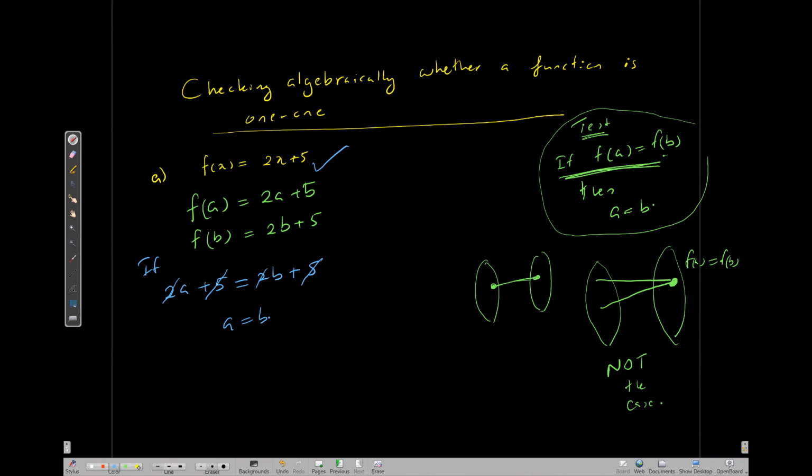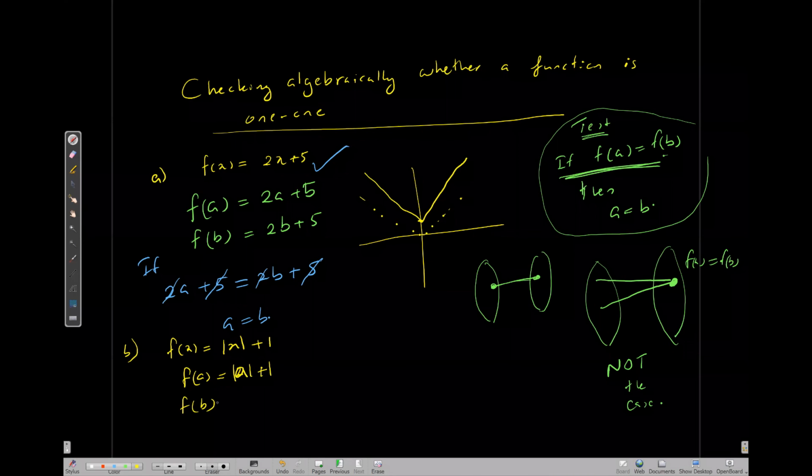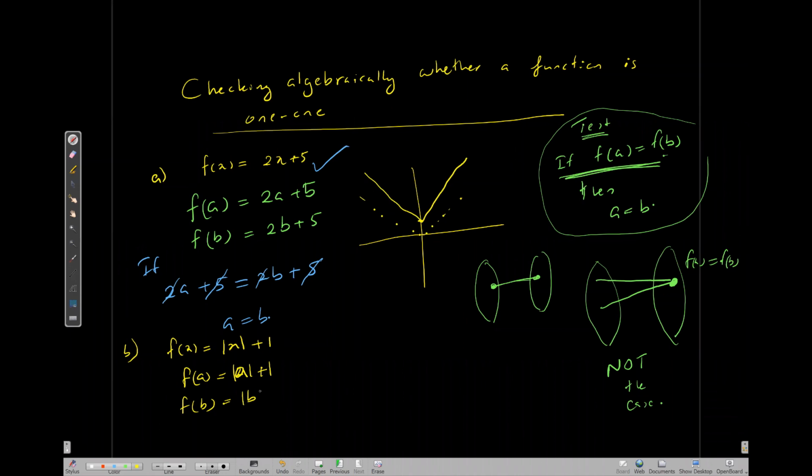Now let's take an example and see where something is not one-to-one. How about this: f of x equals the absolute value of x plus 1. If you draw the graph of that, the absolute value graph looks like this, so plus 1, it looks like this. Now set f of a equals absolute value of a plus 1, set f of b equals absolute value of b plus 1.